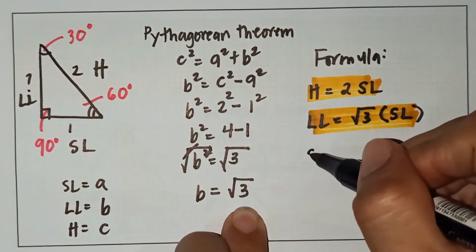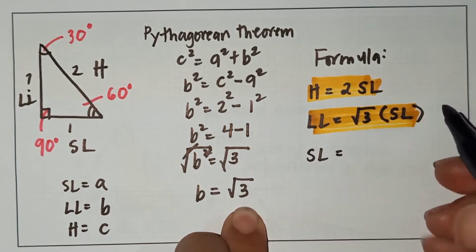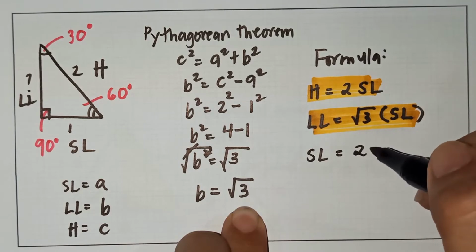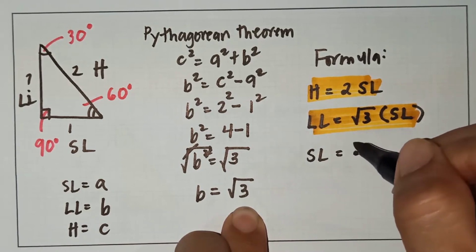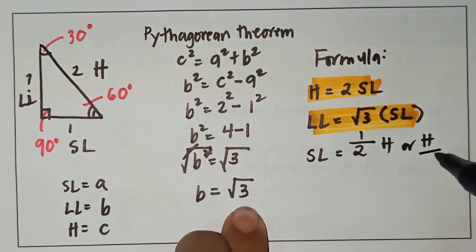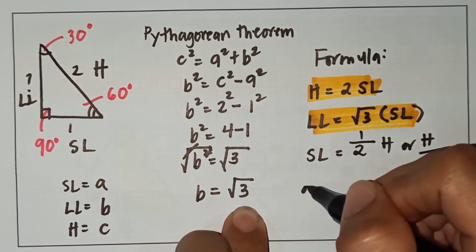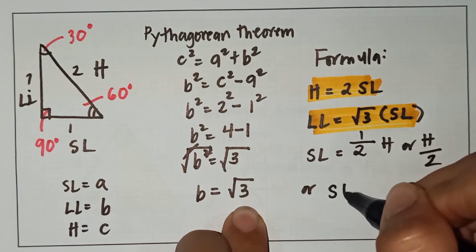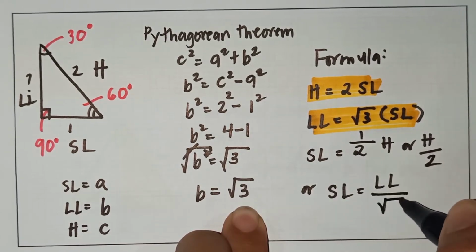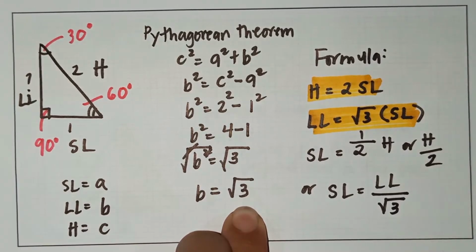And to get the shorter leg, it is half of the hypotenuse, or hypotenuse over 2, or the shorter leg is equal to the longer leg over square root of 3.